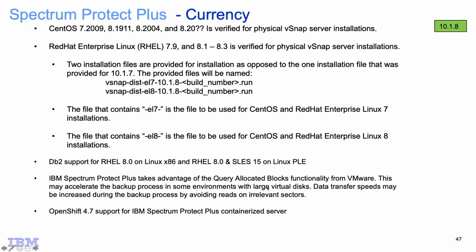We've changed the API that we use in the background for VMware backups. So now we're able to take advantage of the query allocated blocks functionality in VMware. Basically this is improved functionality in the VMDK API that lets us avoid processing some of the irrelevant sectors or blocks in certain cases.